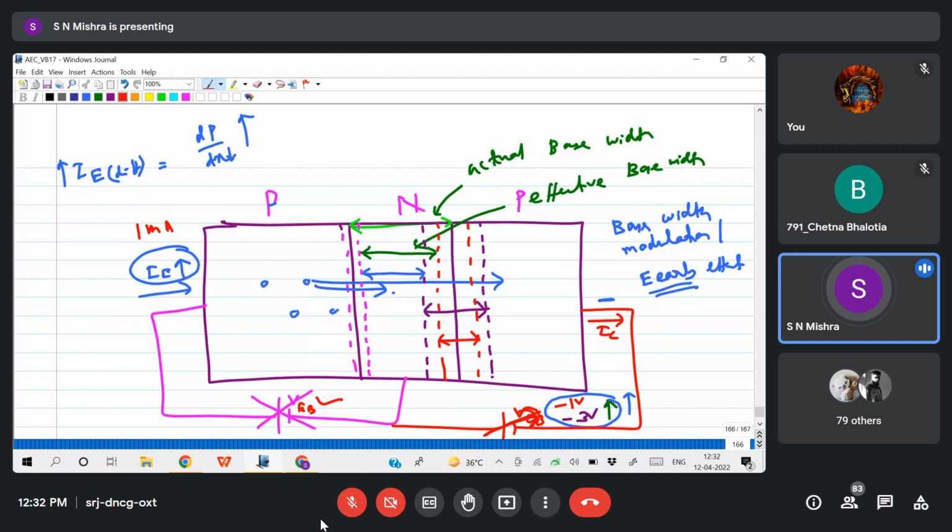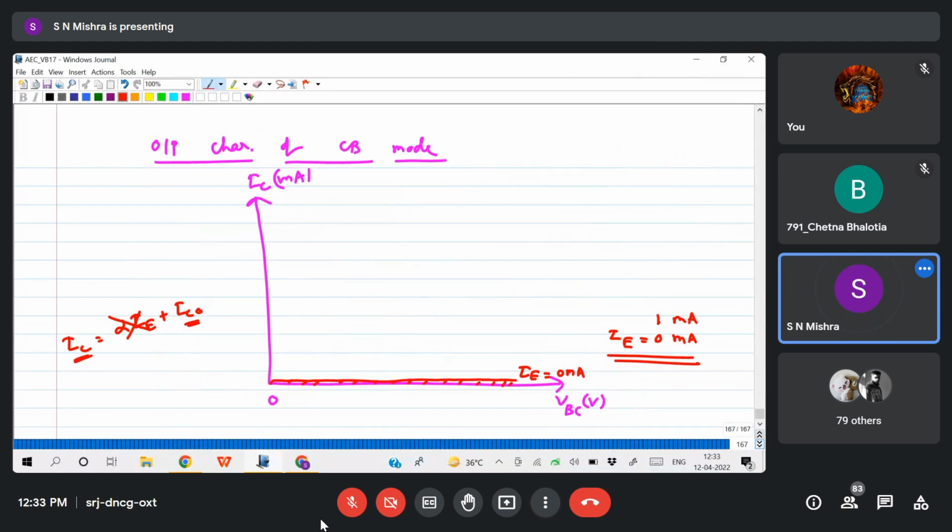Now when I increase the VCB, initially what happens? The holes will slowly move from here to here. As I increase more and more negative potential, more and more holes will reach the collector side. So I am starting from 0. When I increase the potential, slowly the current will increase.